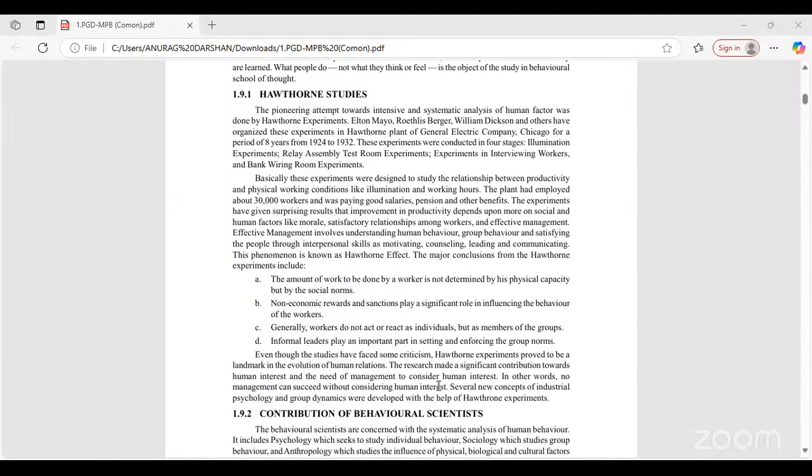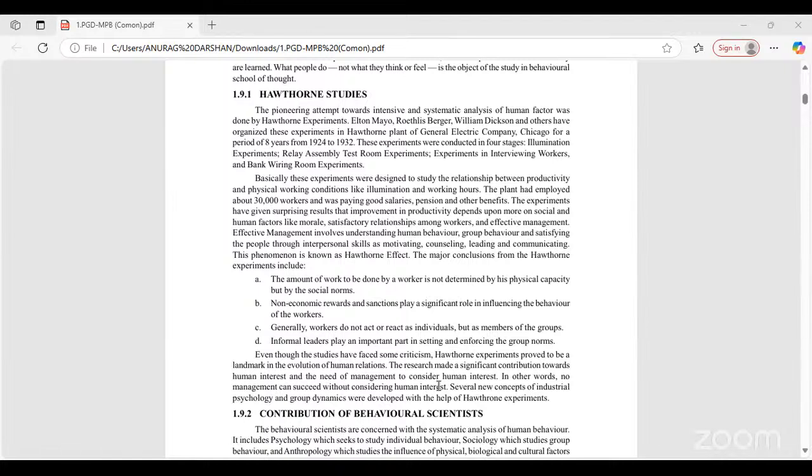So their feelings were elevated and they felt they were special to the organization. In spite of bad lighting and bad working conditions, they could produce more because of the feeling that the management had given them an opportunity. They had a special place because they had been tested.